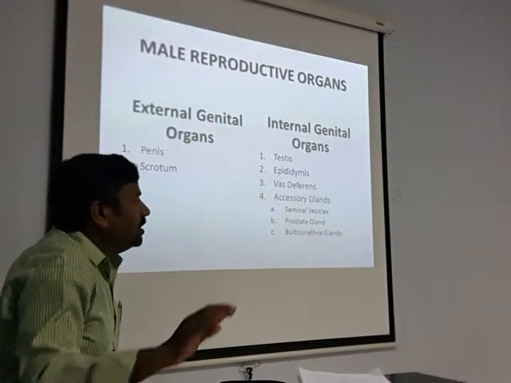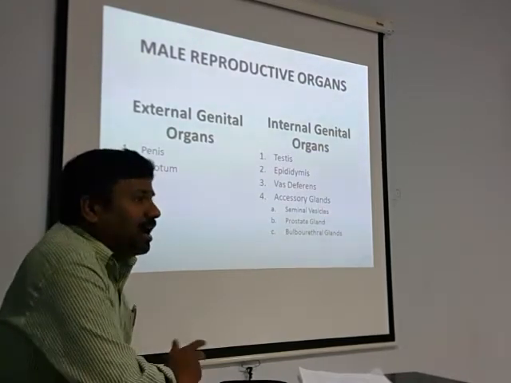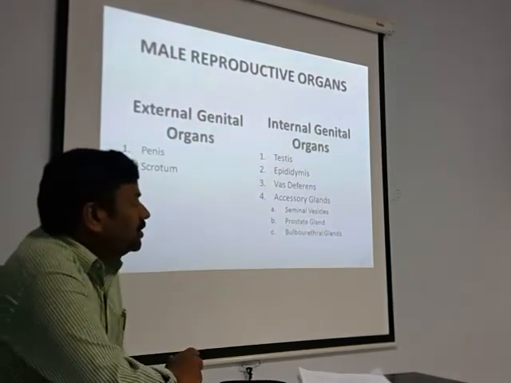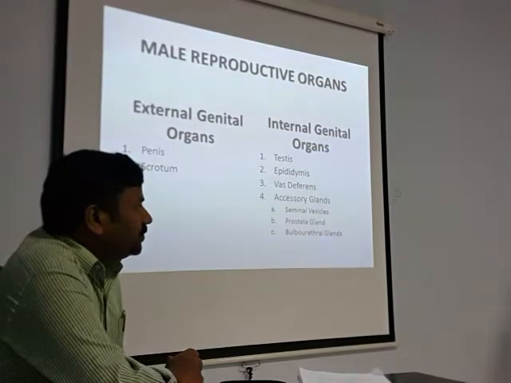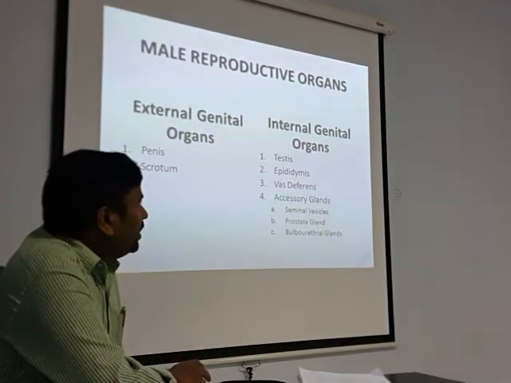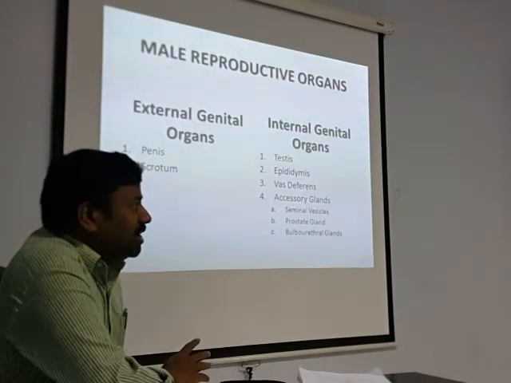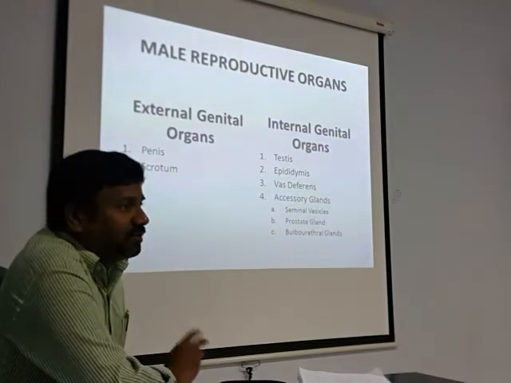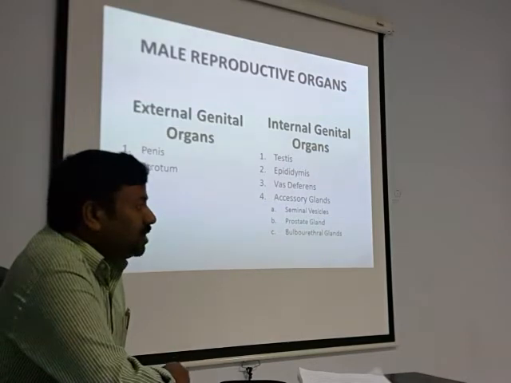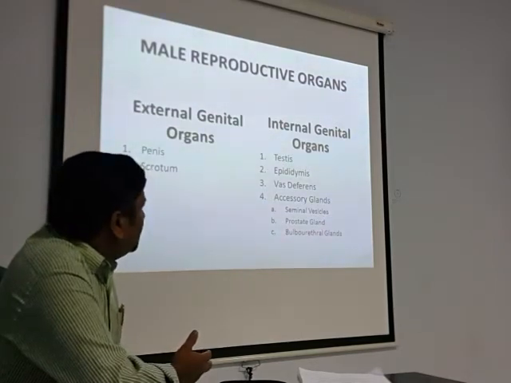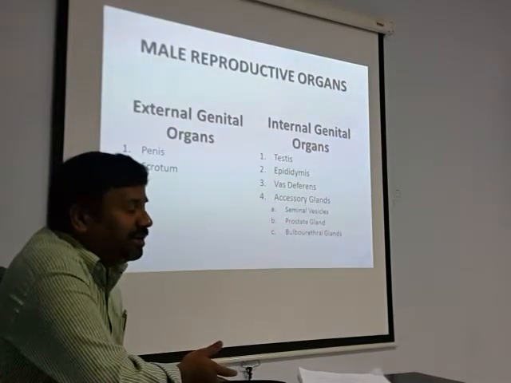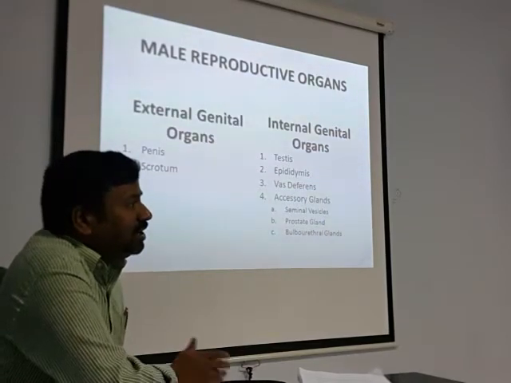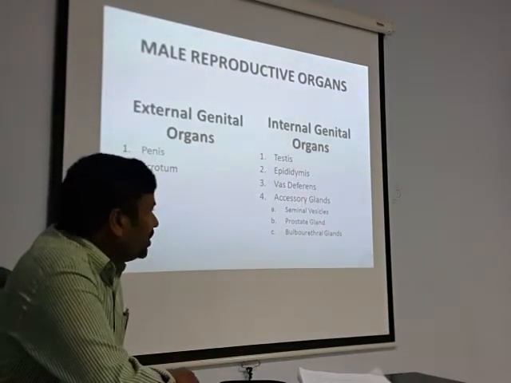It consists of the external genital organs which you see, and then the internal genital organs. The male reproductive system consists of two sets of organs: the external genital organs, and inside the body the internal genital organs which you don't see.